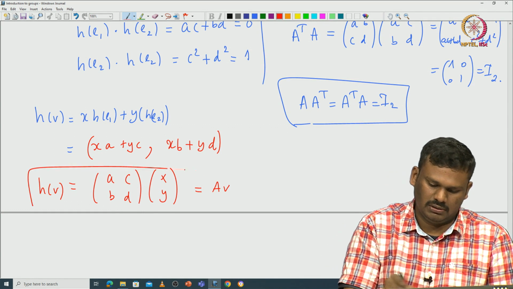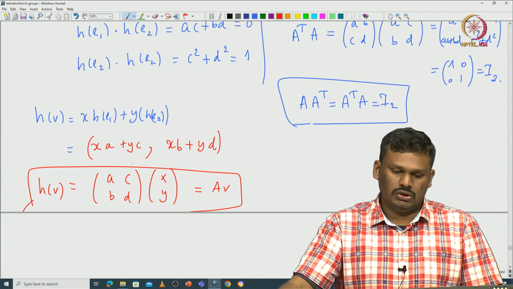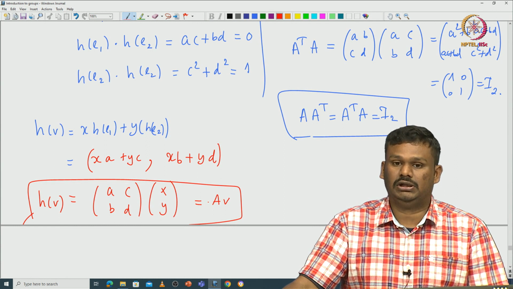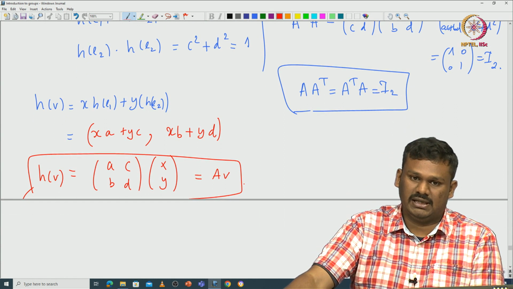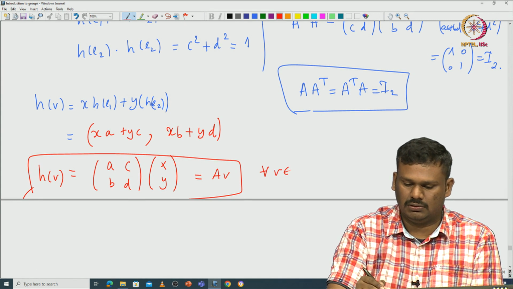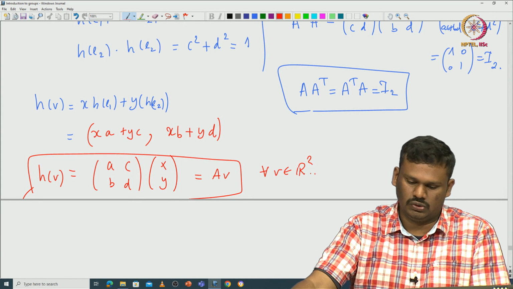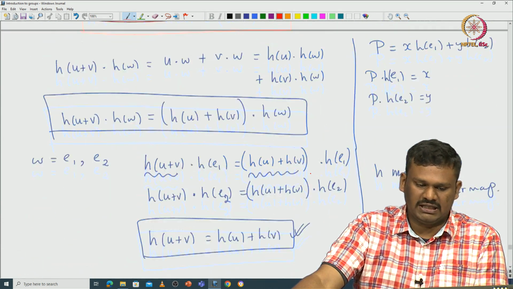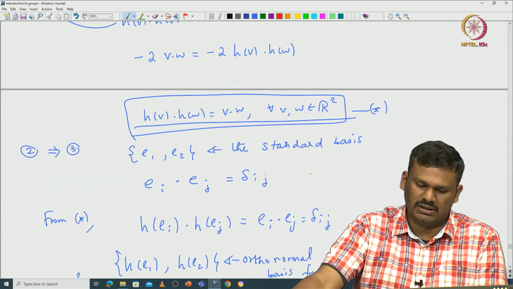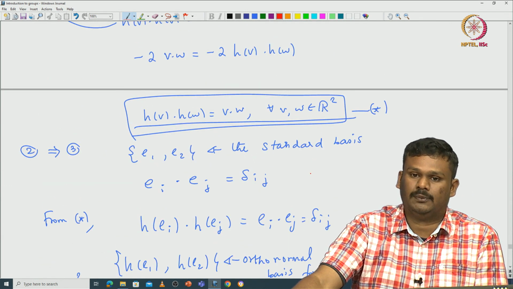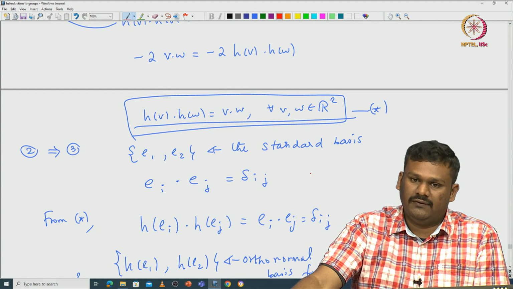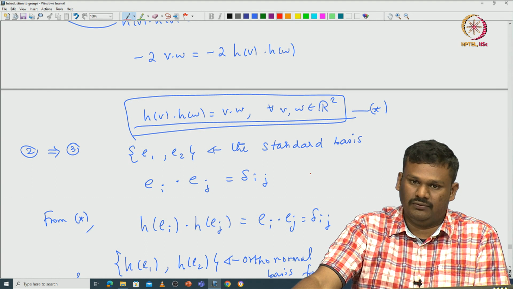So, we have written this H very explicitly using this matrix A, and this is true for all V, not only for just some V. So, this proves that if H satisfies this condition star, which says that H preserves this inner product, then H must be linear, and not only that, it is given by this orthogonal matrix capital A, which is obtained from H of E1 and H of E2.